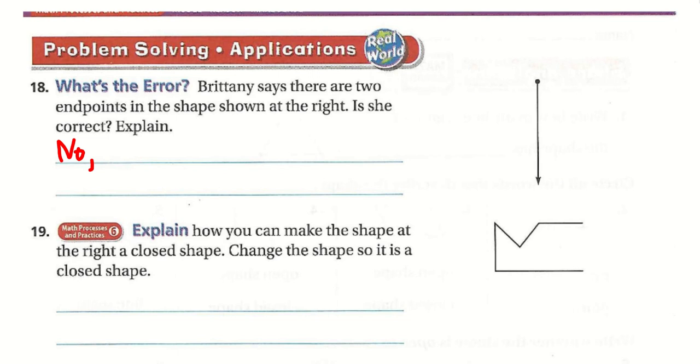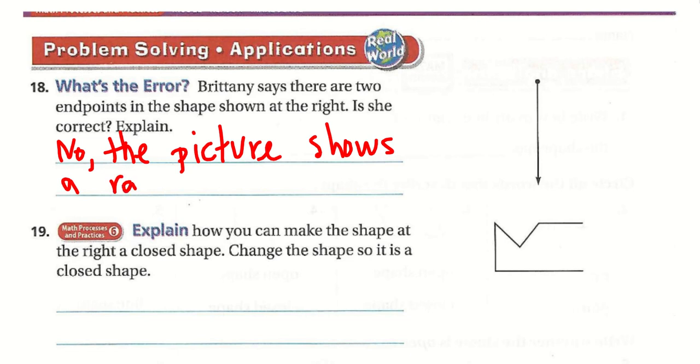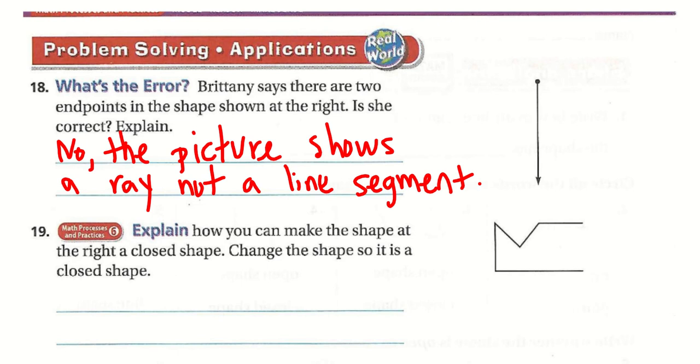So we need to say no. The picture shows a ray, not a line segment. A line segment would have 2 endpoints like Brittany said, but this one only has 1 endpoint and then continues on in the other direction forever.